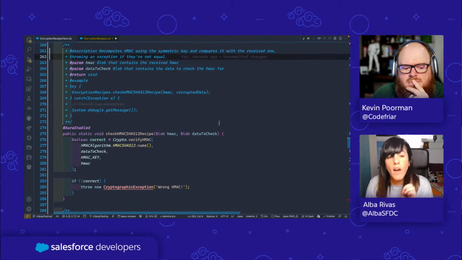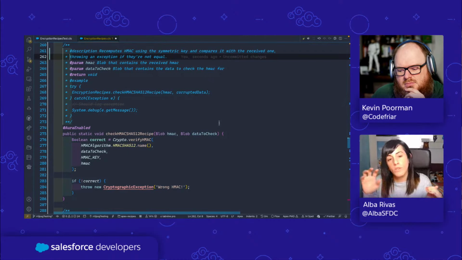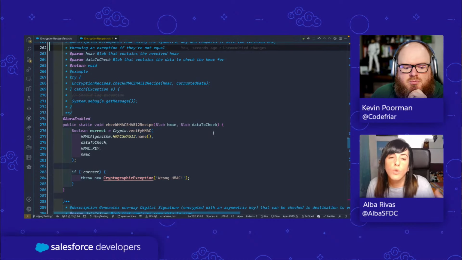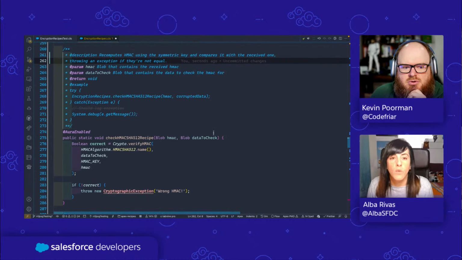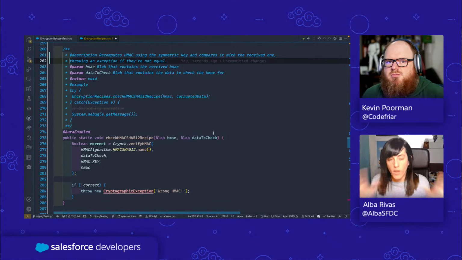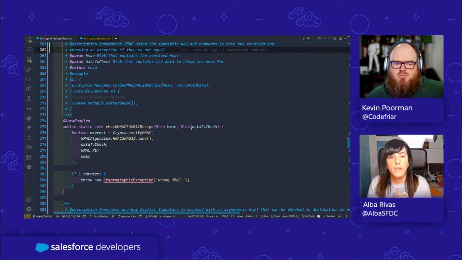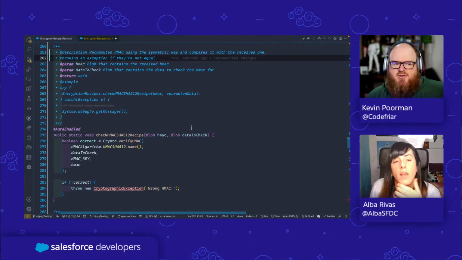In this case, we don't have to use our own constant time functions because the Crypto class already includes a method which helps you verify that HMAC and which does it in constant time. Gotcha. Okay. You don't have to implement that, right? And so that you know, HMAC stands for hash-based message authentication code. Okay. You know, as computer scientists, we love our acronyms.